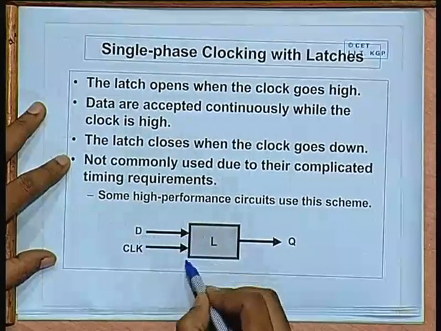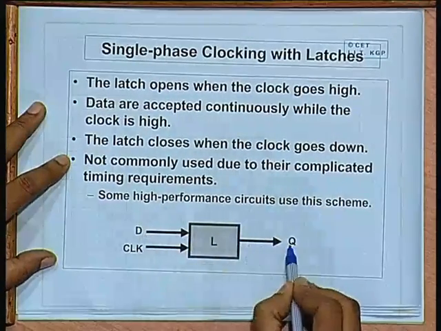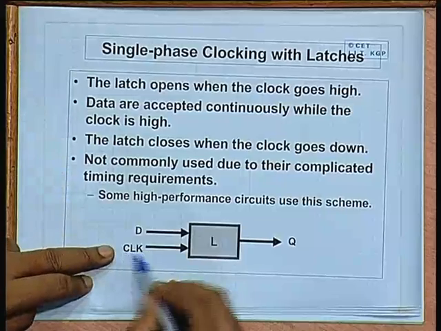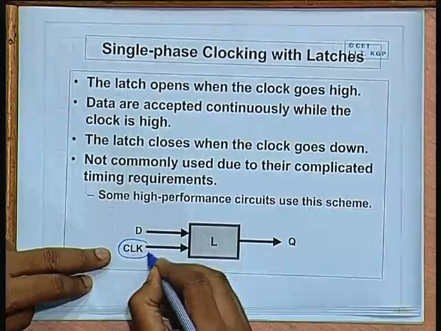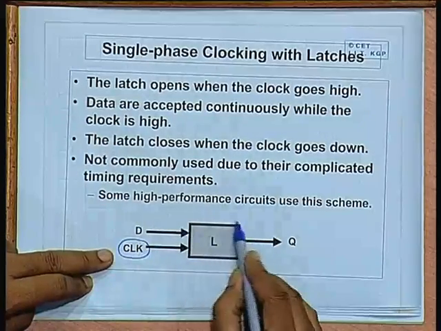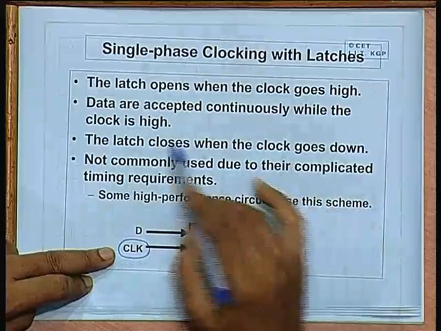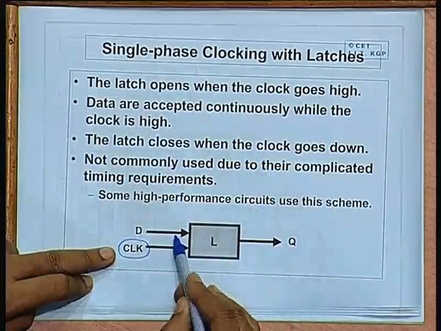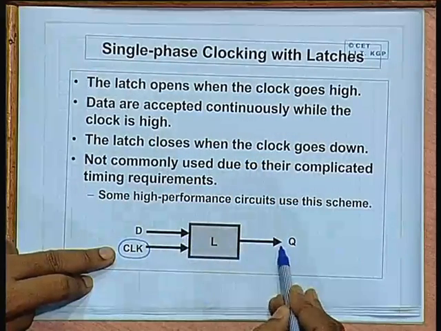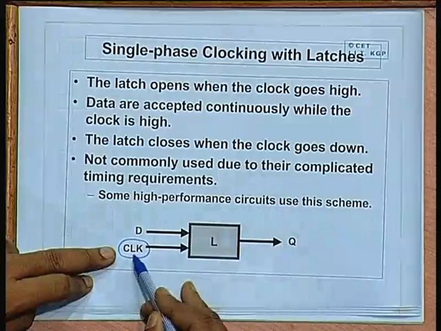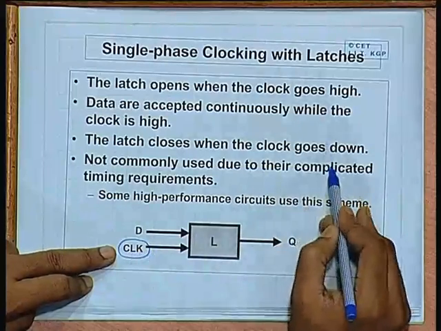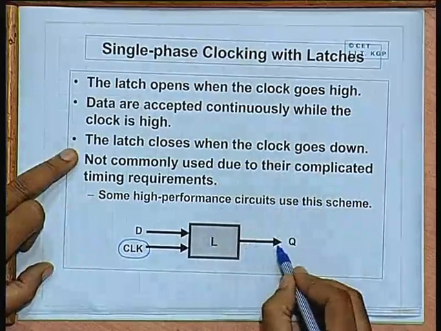Suppose it is a D latch, D input, this is the output. Well, although we are calling it a clock, this works more like an enable. This latch opens when the clock is high. The input data will get latched and the output changes continuously. Now, as soon as the clock goes down, the latch closes and the output becomes stable.